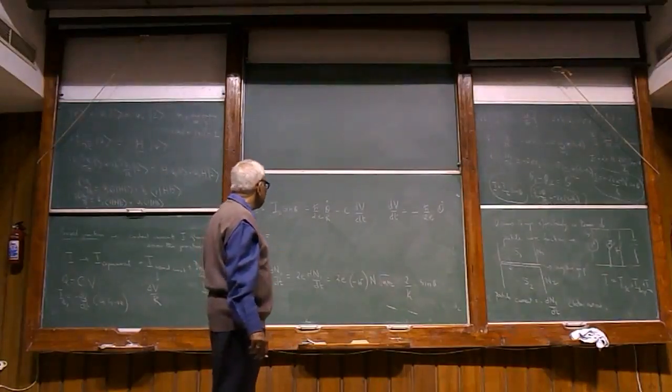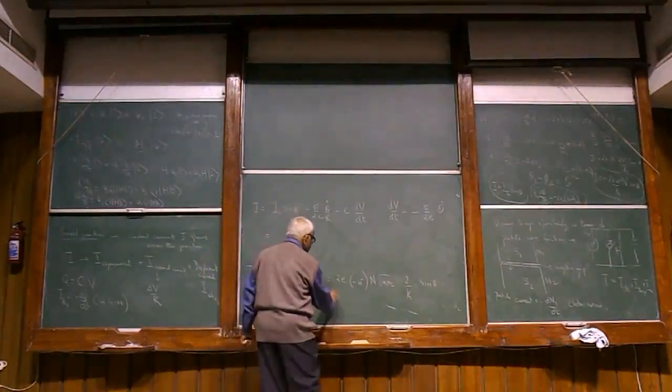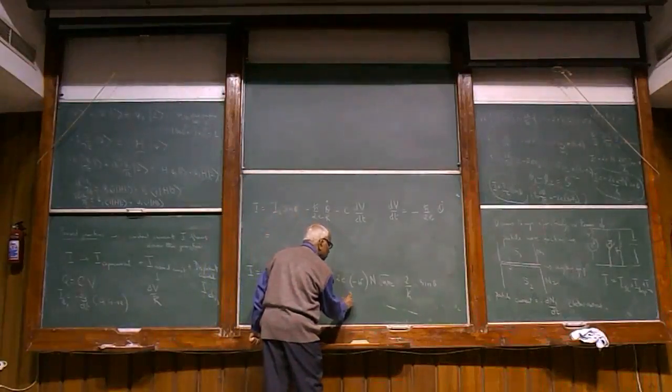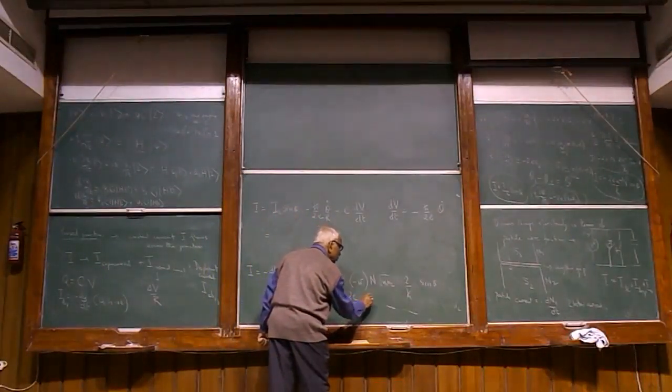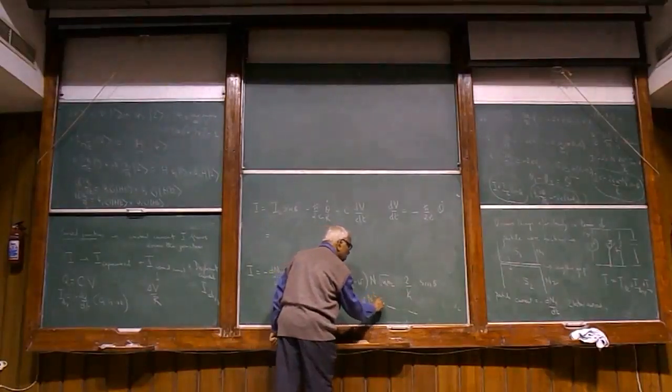So I is this, I seems to be right, it is minus 2 over h bar w n squared sine theta.